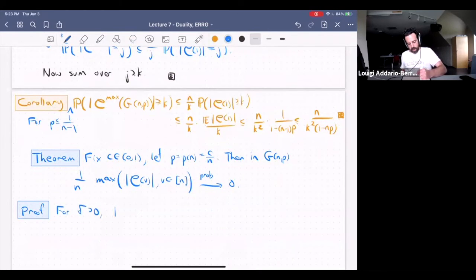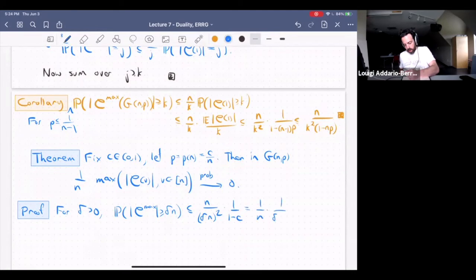For positive delta, the probability that C max is bigger than delta n is at most n over delta n squared. That's my n over k squared. And then 1 minus np is just 1 minus c, because p is c over n. And so that gives me 1 over n times 1 over delta squared times 1 minus c, which tends to 0. Okay, and so that's the whole proof of the theorem.